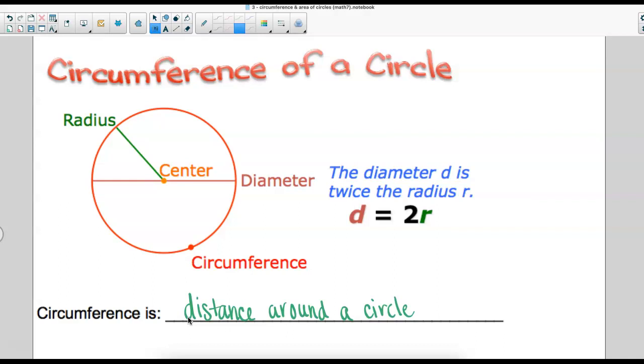You need to understand the relationship between diameter and radius. Diameter, so you have a line on your paper that says diameter, D. D is 2 times the radius, and radius is the diameter divided by 2.